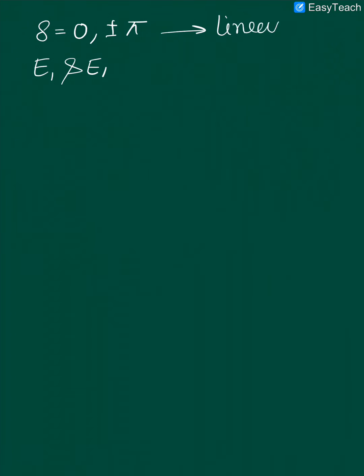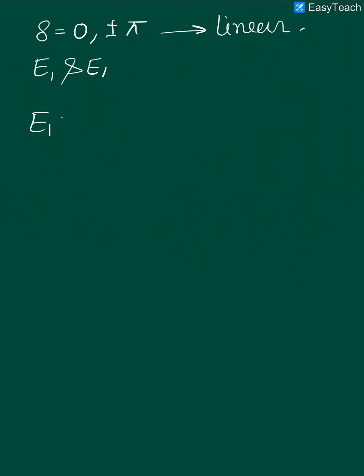Okay, let me give you the chart for state of polarization. If delta equals 0 or plus minus pi, in that case irrespective of E1 and E2, it will be linear polarization.